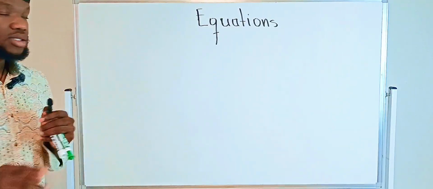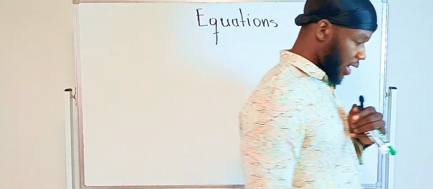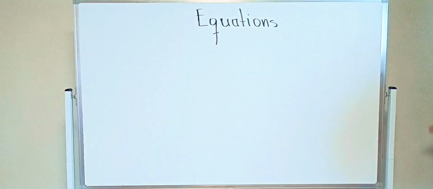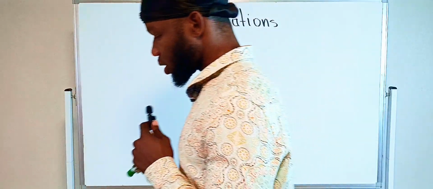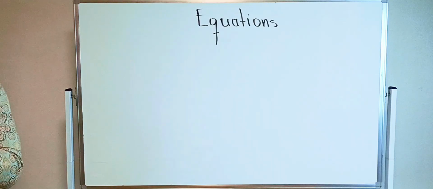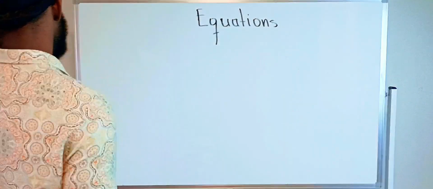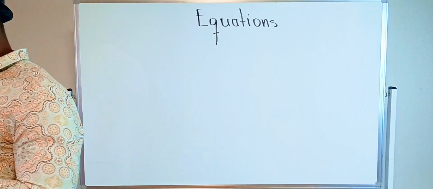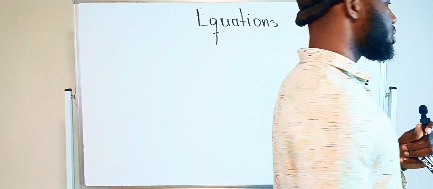So right now, let's talk about equations. I know some of you might not be seeing this word for the first time, but some of you, yeah, for sure. But I'm gonna tell you right now that an equation is a mathematical statement that uses the equal sign to show that two expressions are equal.